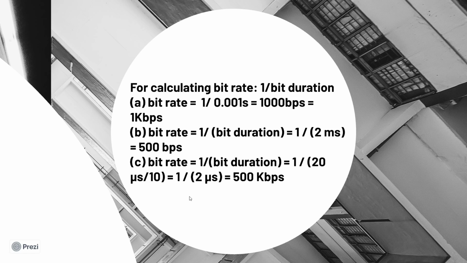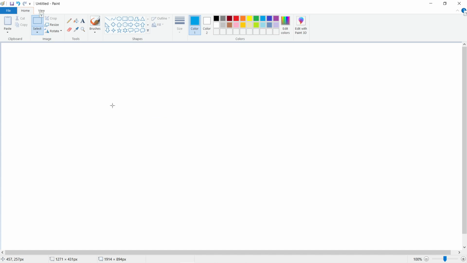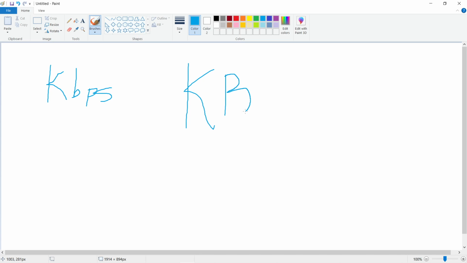There is one more terminology that we use while saying bitrate. One is kbps, and then there is another terminology, KBps.